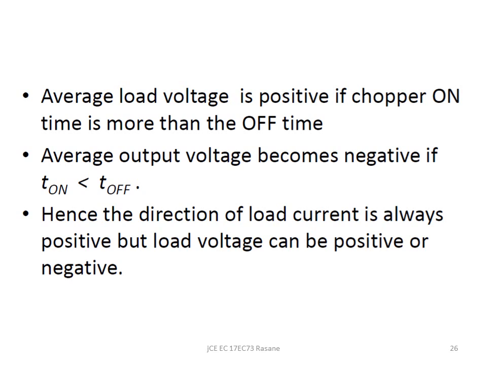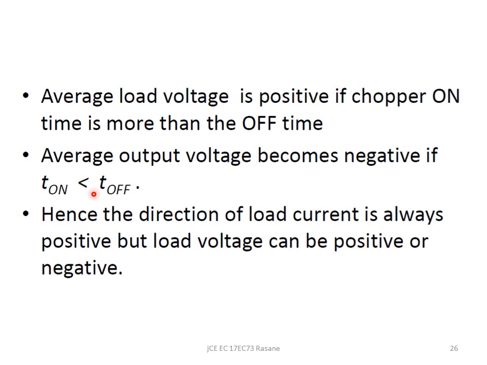So the average value will be positive. Average means combining on and off time. And hence average output voltage will become negative if T on is less than T off. That is, if diodes are conducting for more time, then negative voltage across the load will come for a larger amount of time and positive voltage will come for a smaller amount of time.